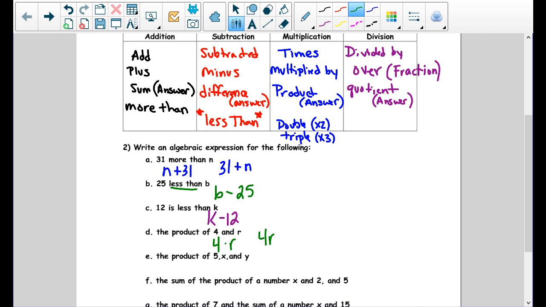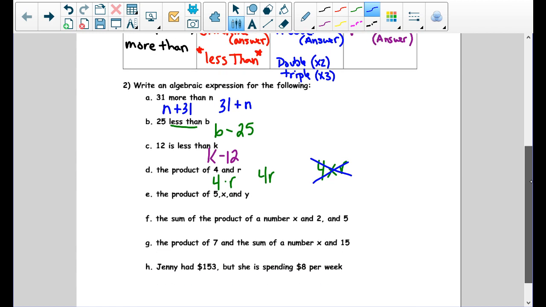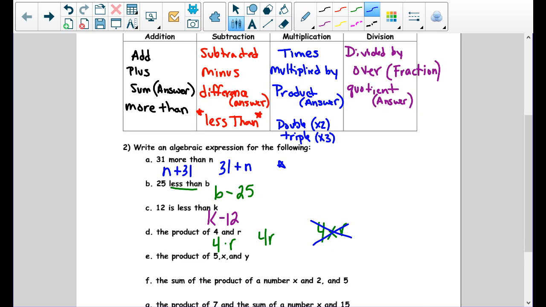I don't want to see 4xR, that's not 4 times R. I'm picky on that one. You can use the dot, or really this is the one I'd like to see.